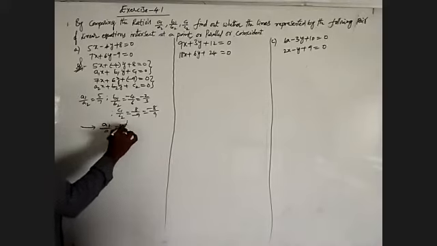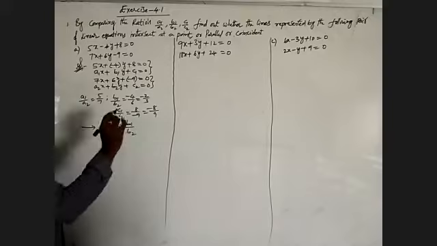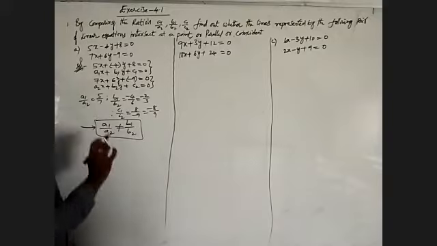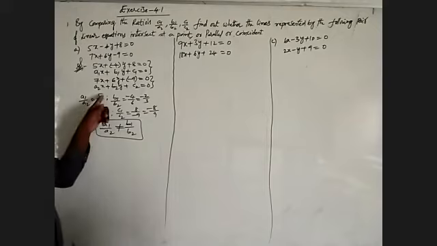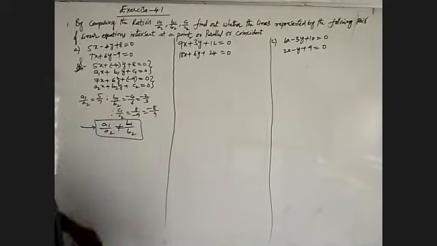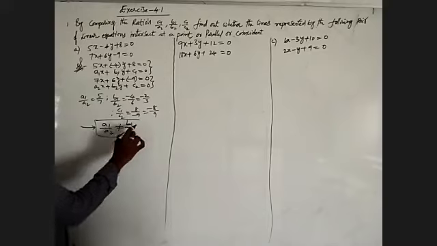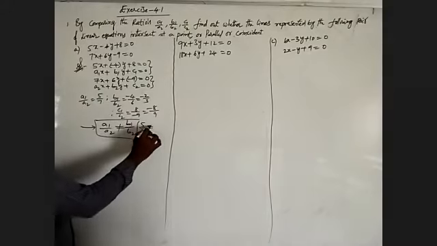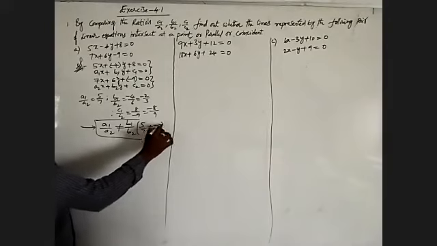Here a1 by a2 does not equal b1 by b2, hence this condition is satisfied. That means 5 by 7 does not equal minus 2 by 3. We have to write this condition: 5 by 7 is always not equal to minus 2 by 3.